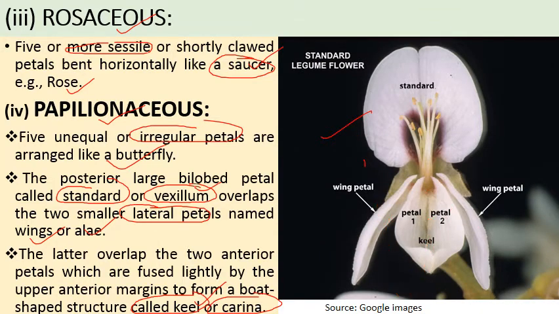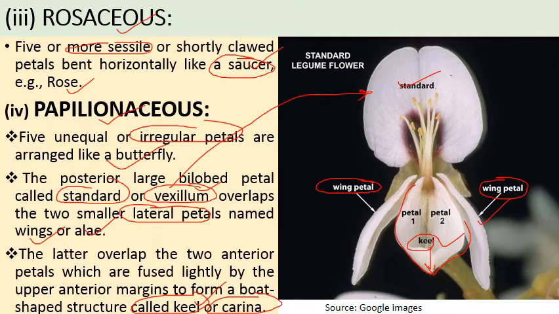arrangement of these 5 irregular petals of unequal size. This posterior one is the standard, also known as vexillum. Then the 2 lateral petals are known as wings or alae. These overlap the 2 anterior petals, which are fused slightly from the anterior margin and are called the keel or carina.